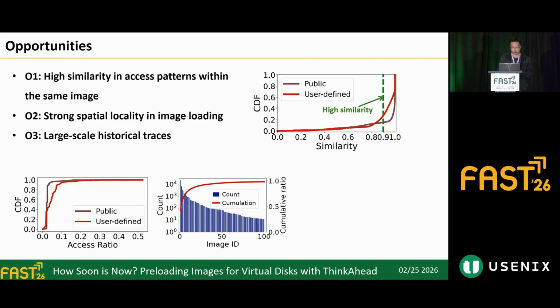Also, we find that there's a large number of historical traces that allow us to do training effectively. Here it shows that for the top 100 images, you can have a lot of trace sequences. These images will be used to generate the virtual disk, and we can use these trace sequences to help us predict what the next sequence is.